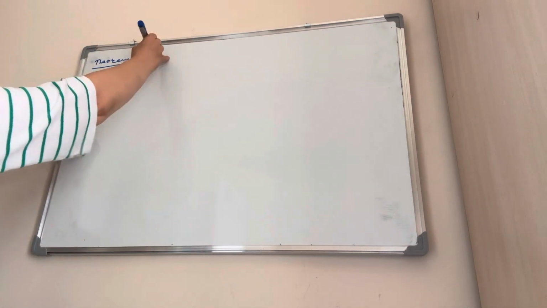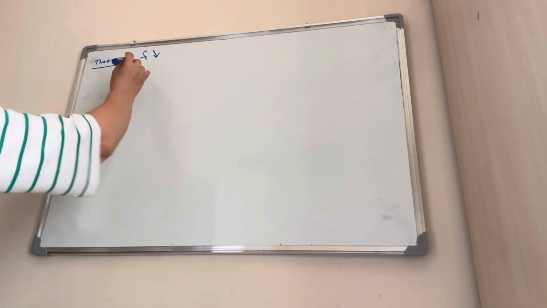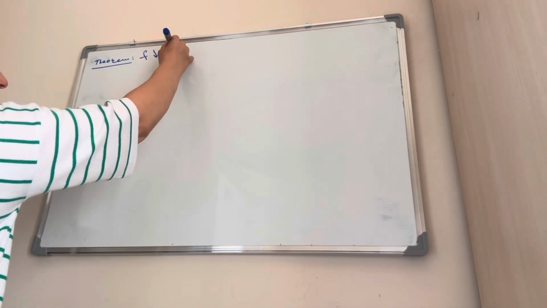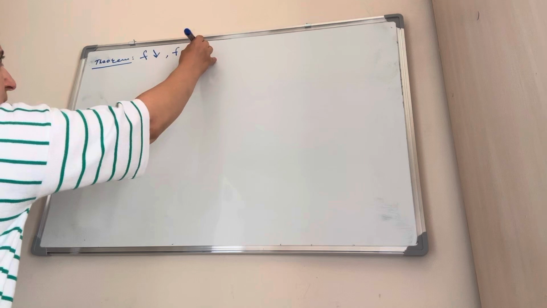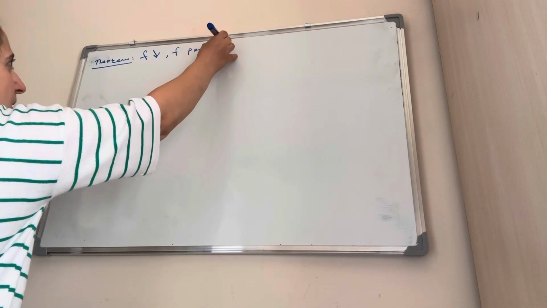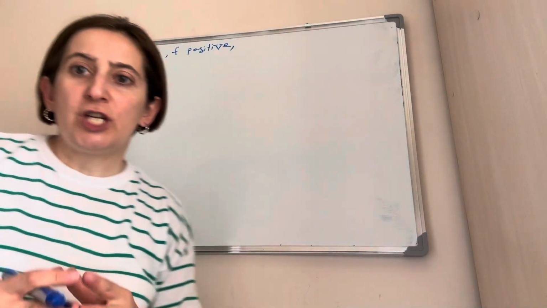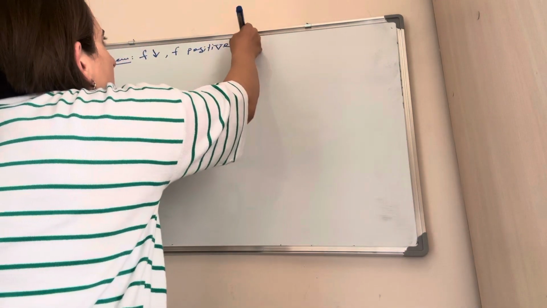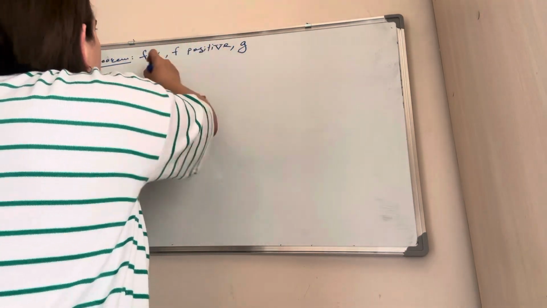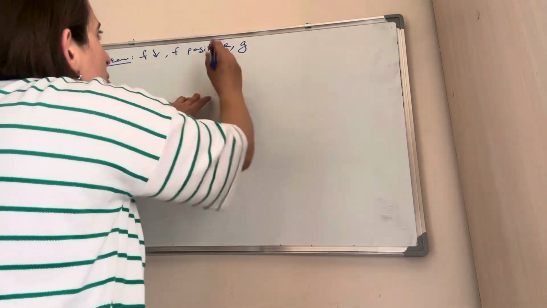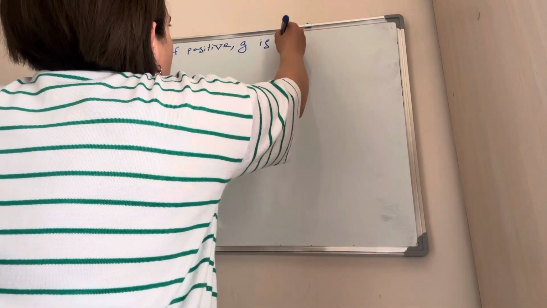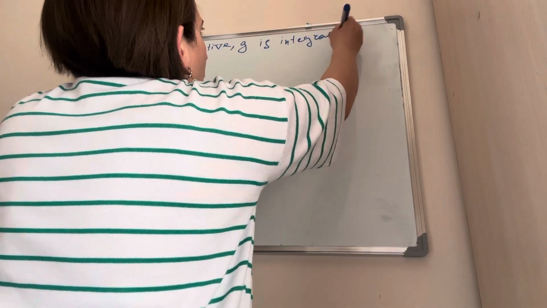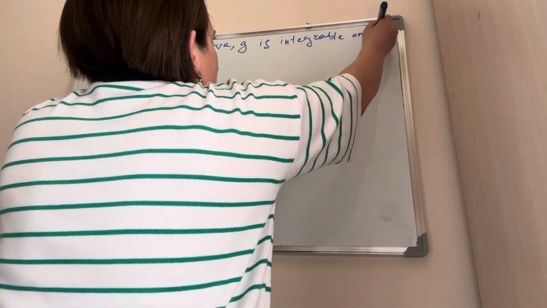Let's have f, a function f decreasing and positive. Let's have g, the function g, so we have f and g. g is integrable on [a, b].